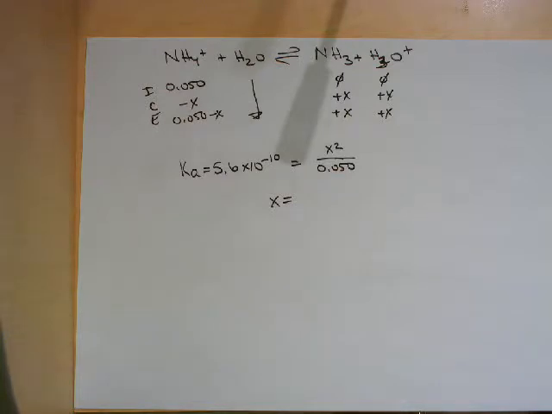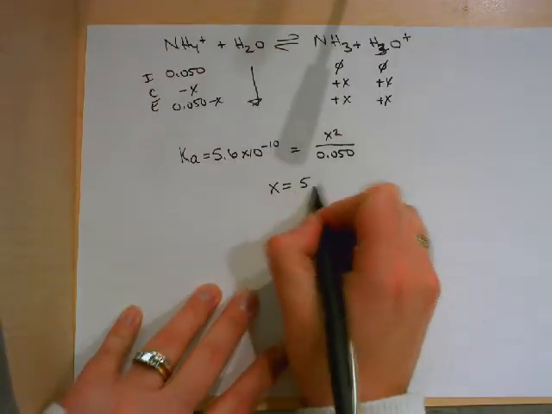For all titration problems, the assumption that x is less than 5% is a very good one, until we get to the far end of the titration. You can eyeball this one.